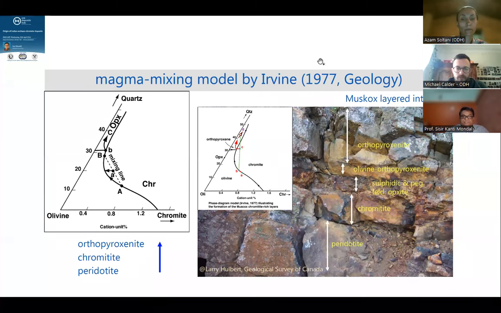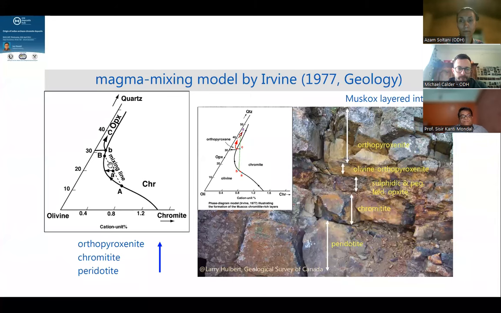And Neil Irvine proposed that if we have a differentiated magma crystallizing olivine and chromite at position B on the projected line of olivine and chromite, and there is another magma, the primitive magma A, introduced into the extant magma chamber, and if A and B magmas mix, what will happen?